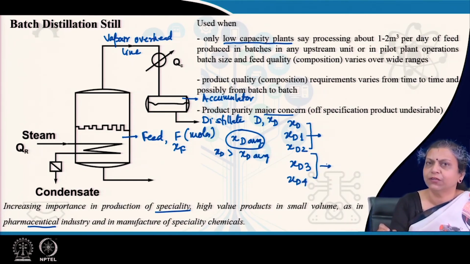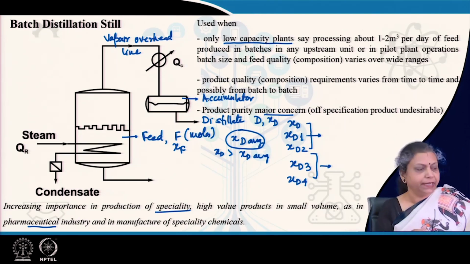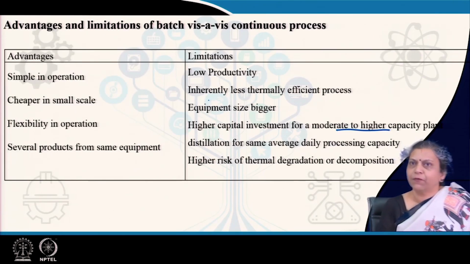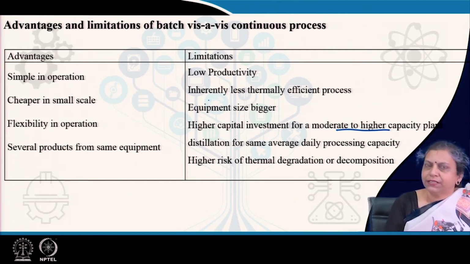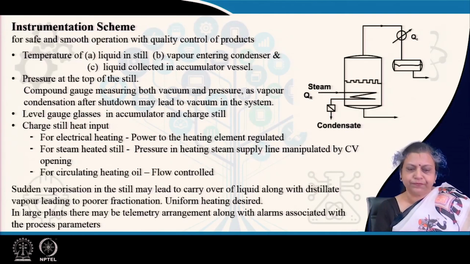So, in this particular way, depending upon the number of products and the specifications, we can collect the products in different accumulators, and we can get different products from the same feed in the same operation. This is not possible in a single piece of equipment in a continuous process.